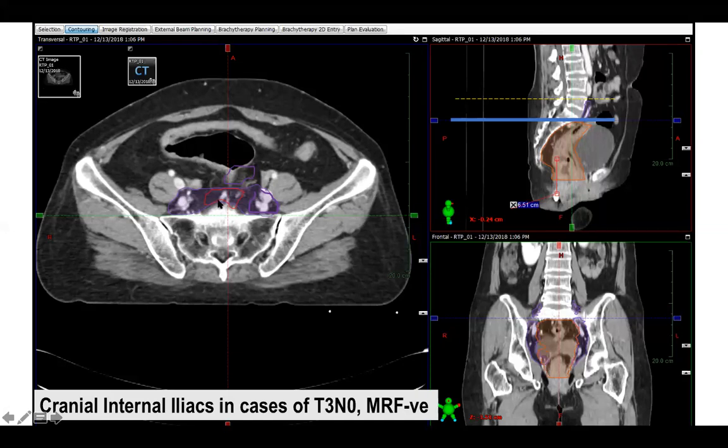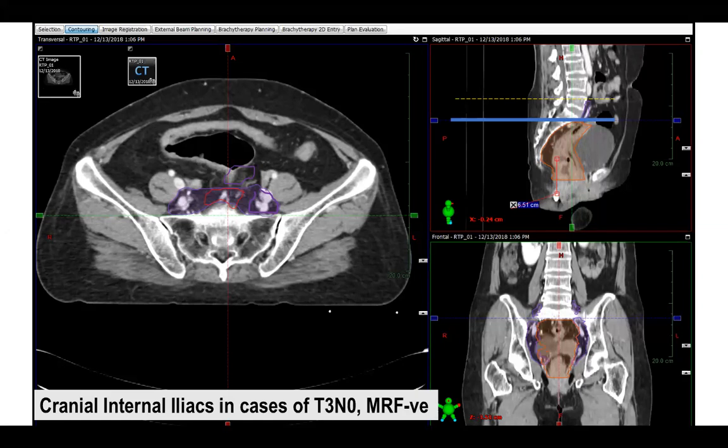Another important thing we have to understand is that we are starting at the level where the common iliacs have bifurcated. That level is higher up than where the inferior mesenteric was bifurcating. So in advanced cases, we have to go right up till the common iliac bifurcation.